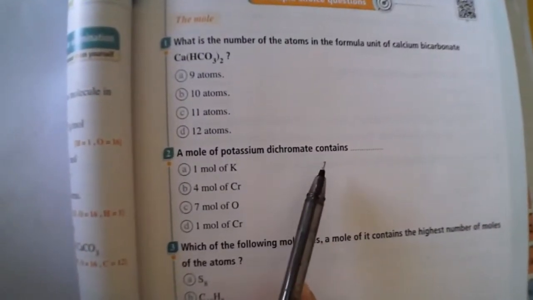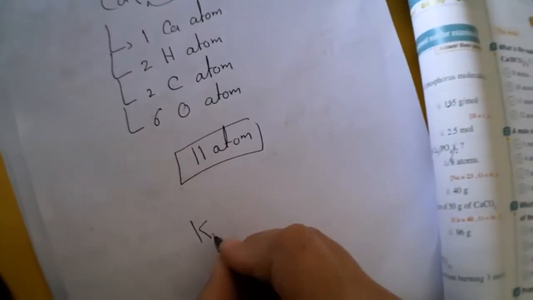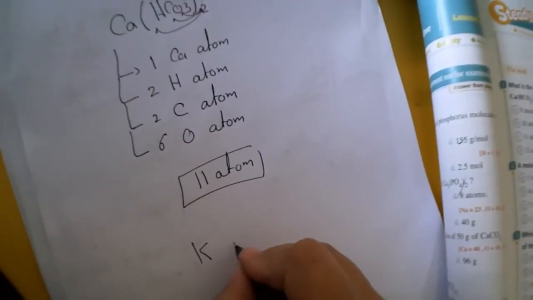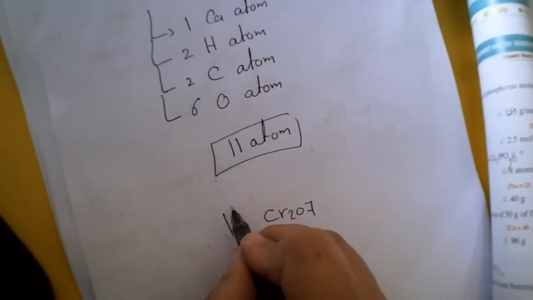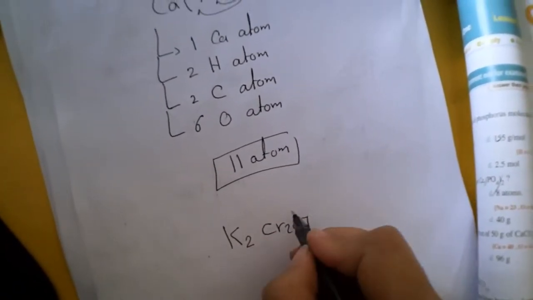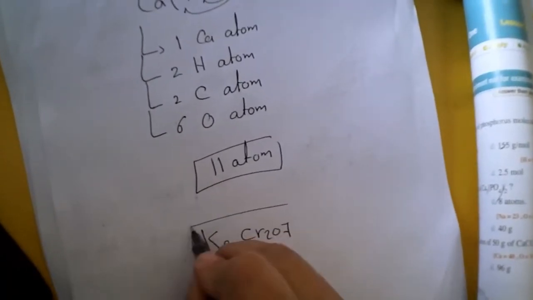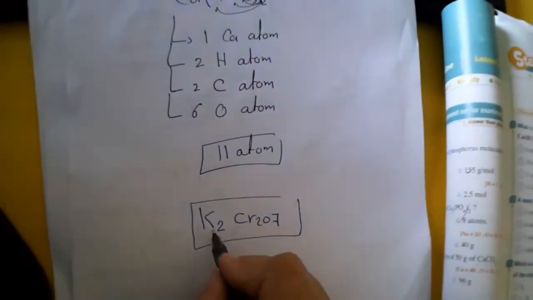Next, a mole of potassium dichromate contains what? Potassium dichromate, its symbol is K, Cr2O7. As you know, we have valency 1 here and valency 2 here, we're going to exchange, so the potassium dichromate is going to be K2Cr2O7. How many mole of potassium do we have?